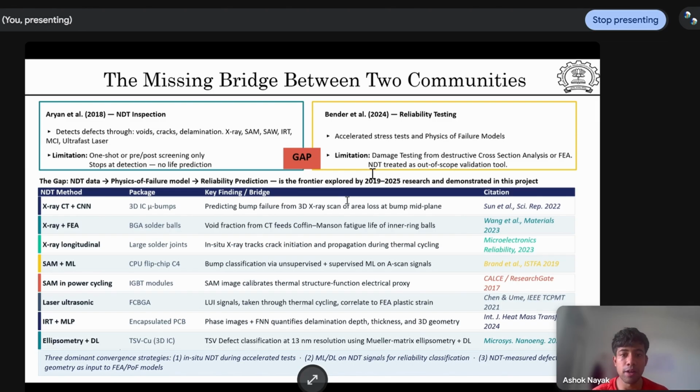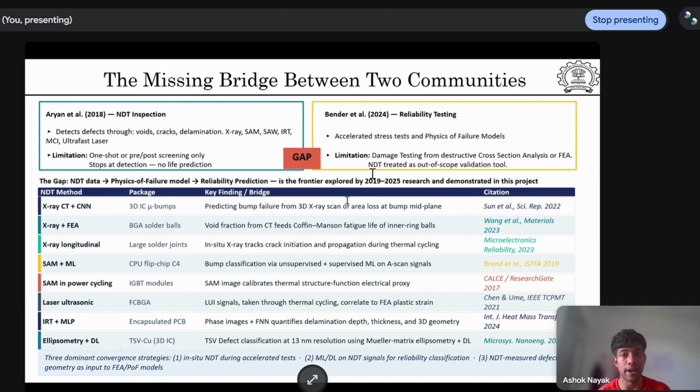Now, the next paper talks about SAM A-scan signals alone, processed with machine learning, to classify flip chip bumps as intact or defective. No cross-sectional analysis is needed. Now, the next paper, in IEEE Transactions, uses laser ultrasonic measurements through an actual thermal cycling reliability test on industrial SAC BGA packages.